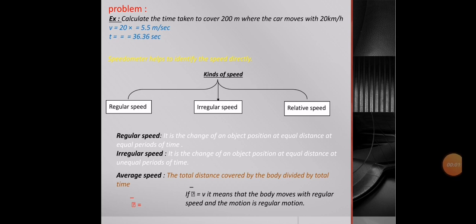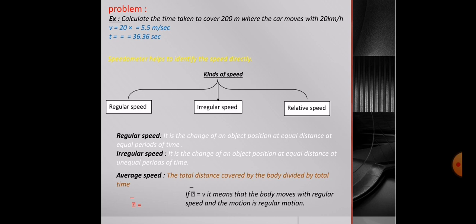So, relative speed means speed related to another object. The first type of speed, regular, is the change of an object's position at equal distances in equal periods of time. So in the case of regular or uniform speed, the distance is equal and the time is also equal.